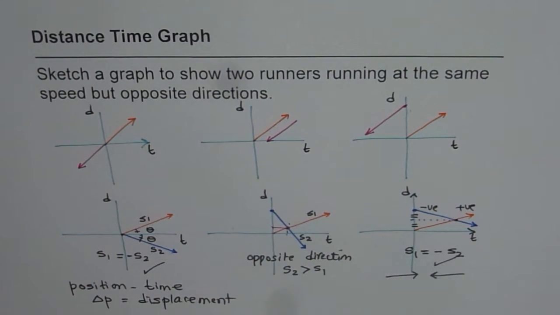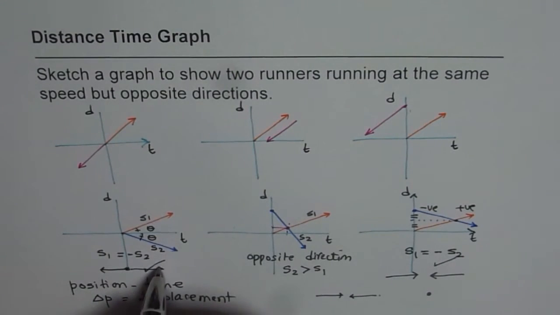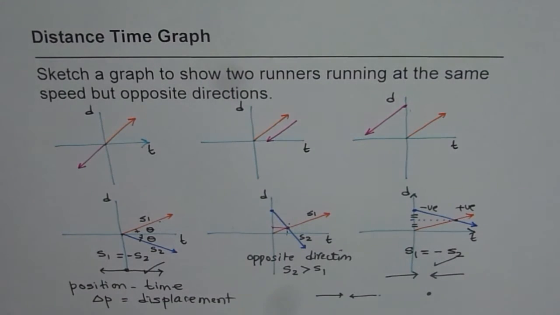And displacement, if it is in the opposite direction, is negative, right? So it is kind of approaching. If you are running in opposite directions and if you are running from different sources, then you are running towards each other, correct? You are approaching, correct? If you are running from the same point as in this case, you are running away from each other, so the distance is increasing, which you can see, the distance between the two increases.